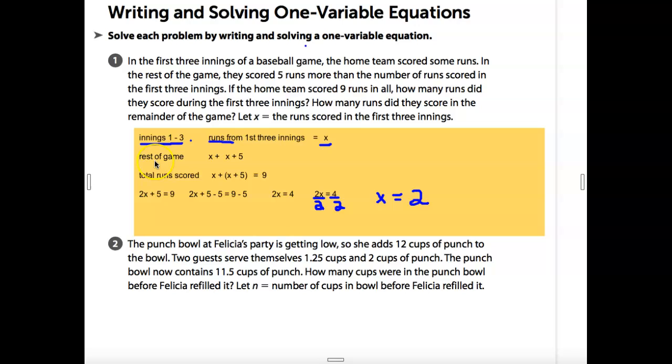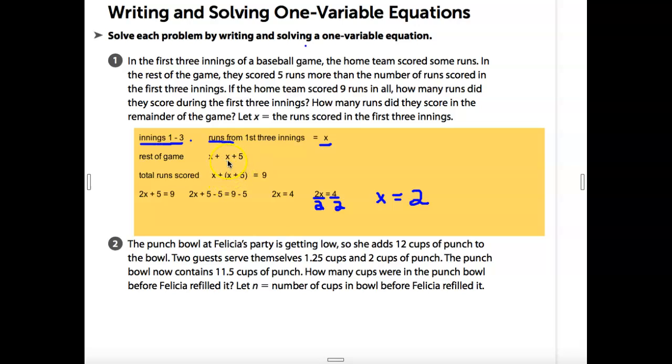The rest of the game, so innings 4 through 9, they scored 5 runs more than the number of runs scored in the first 3 innings.